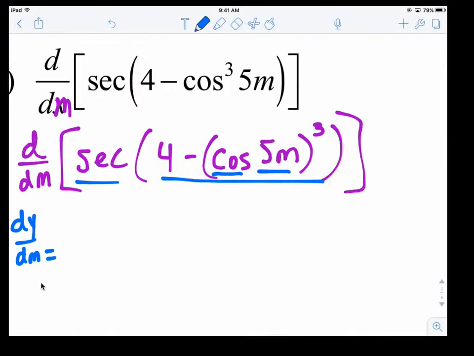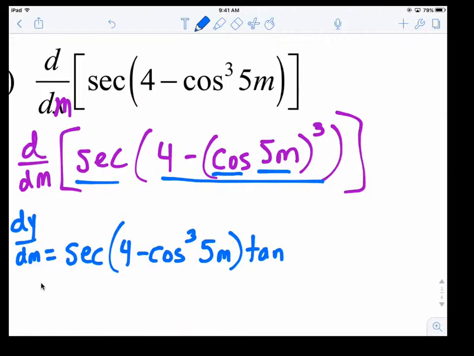You keep secant of the blob, so secant of (4 minus cosine cubed of 5m), tangent of (4 minus cosine cubed 5m).